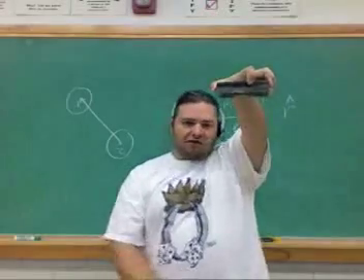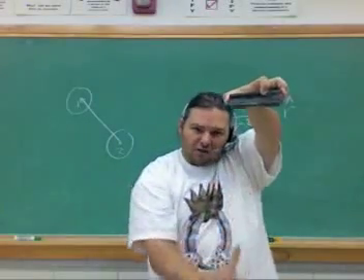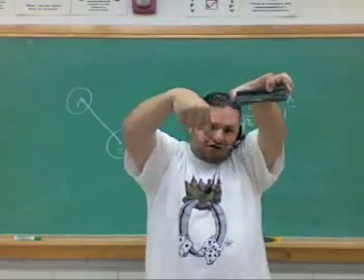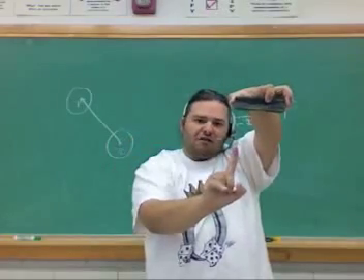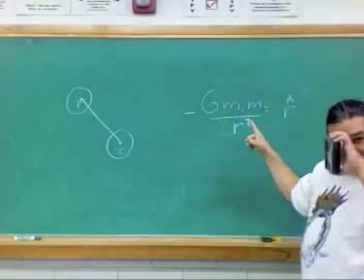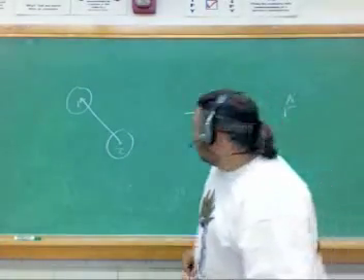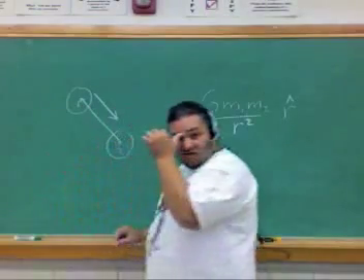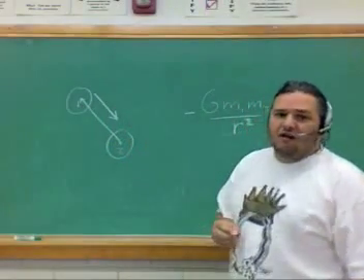The radius is in this direction, from the center of the Earth towards the center of that object. So the force is in this direction and the radius is in this direction, hence the negative sign. It's in the opposite direction of the radius. We know there's a gravitational attraction in this direction, so that's why there's a negative sign.